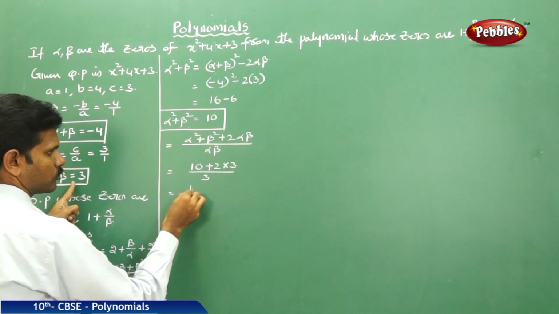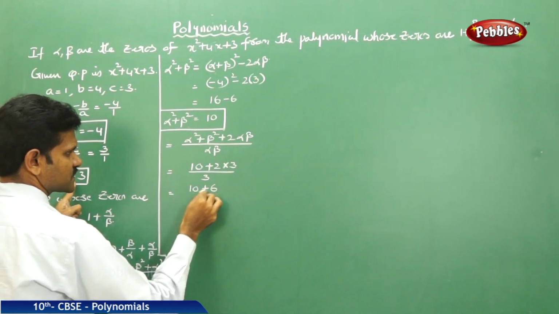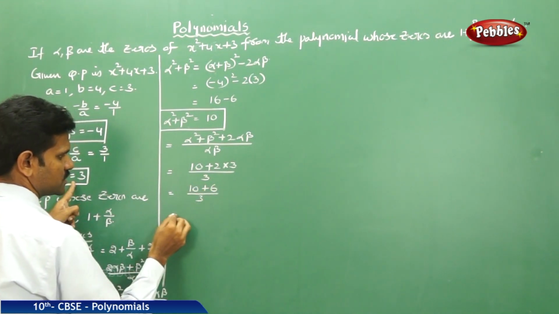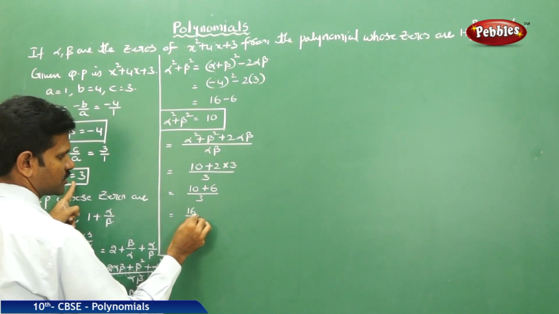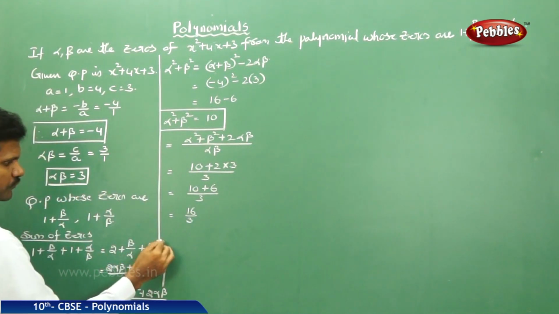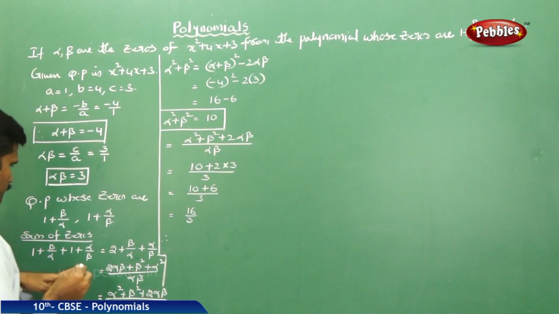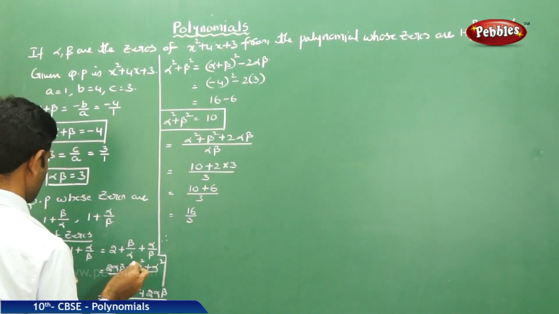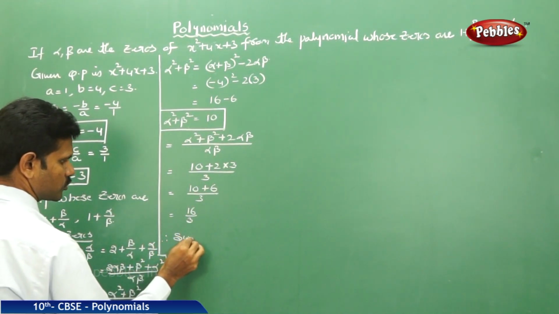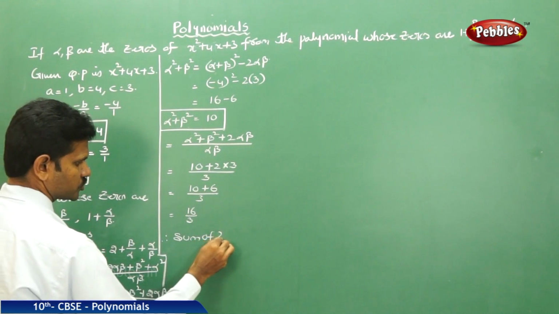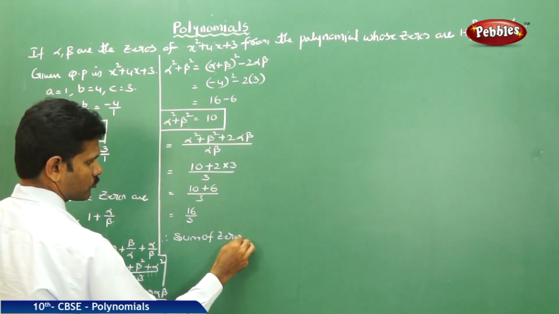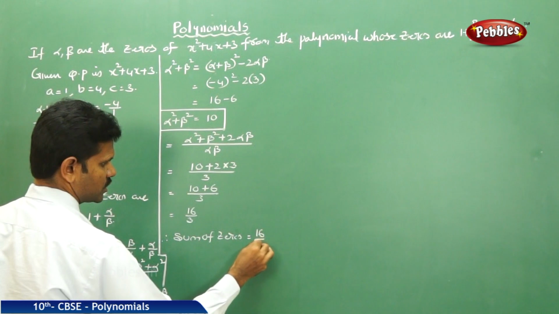That is equal to 10 plus 6 by 3, that is equal to 16 by 3. Therefore, I got the value of sum of zeros. Therefore, sum of zeros is equal to 16 by 3.